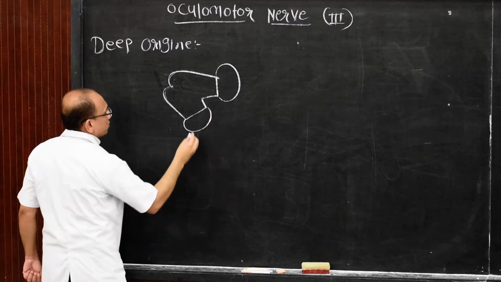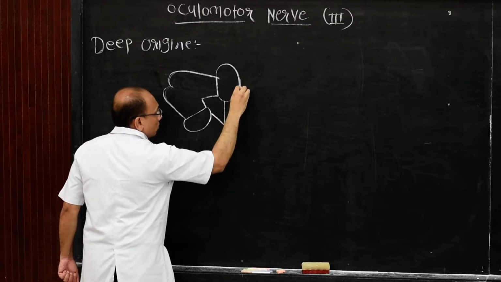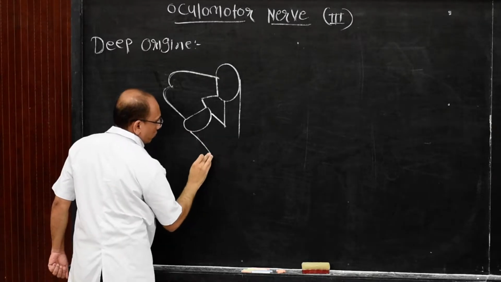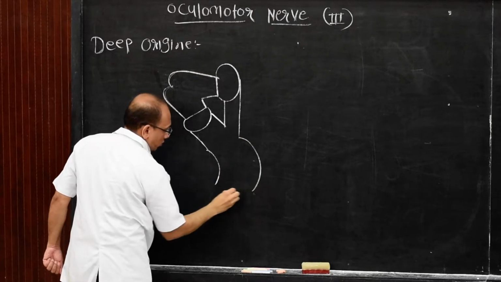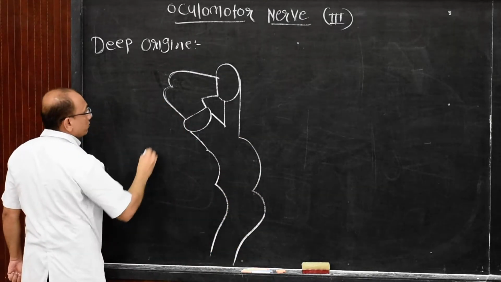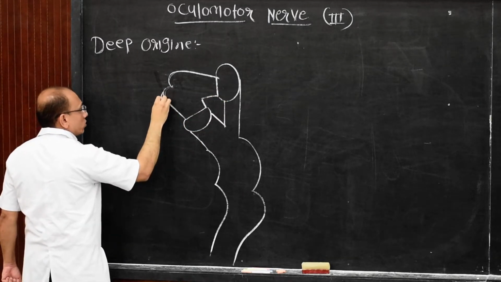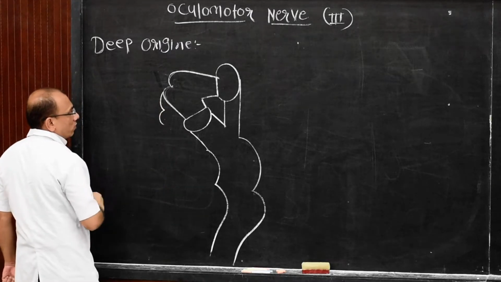This one is the midbrain, a section of midbrain. This is the pons, and this one is the medulla oblongata. This is the ventral side, and here is the dorsal side, with the superior and inferior colliculus.